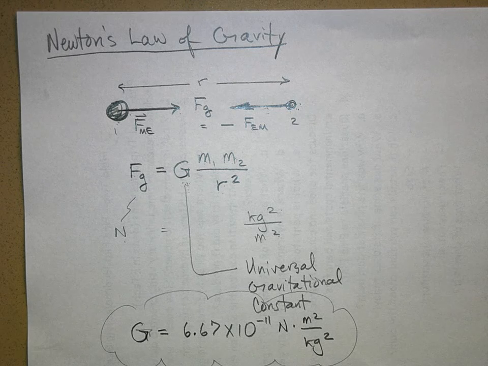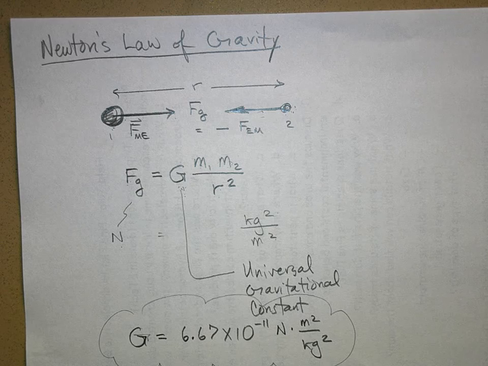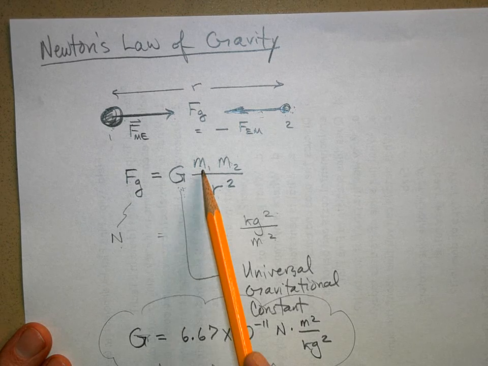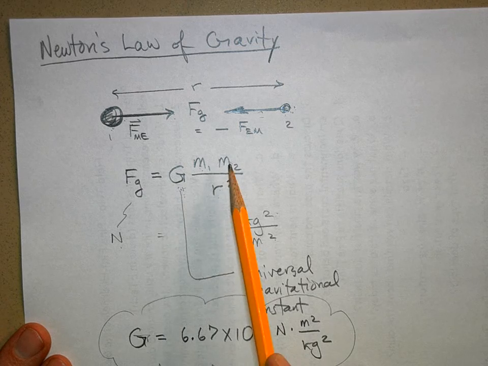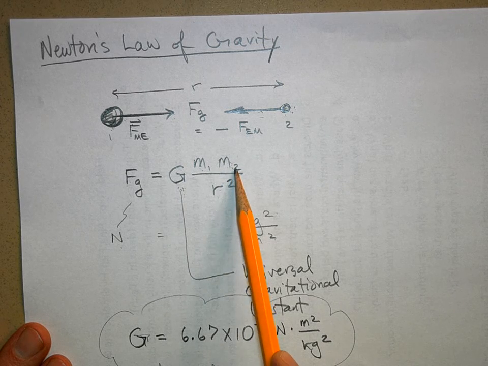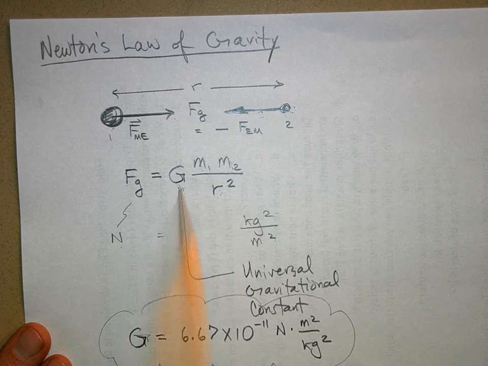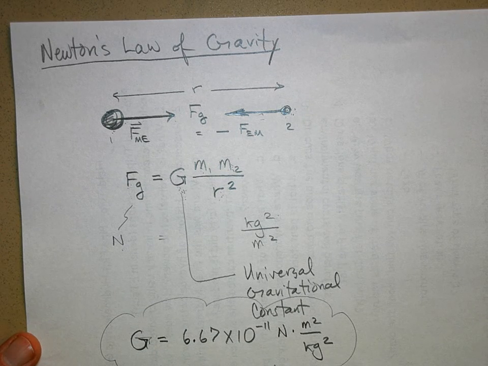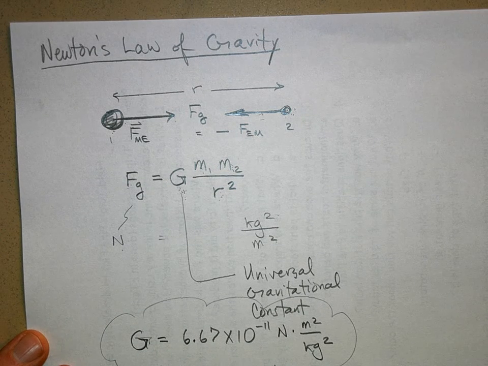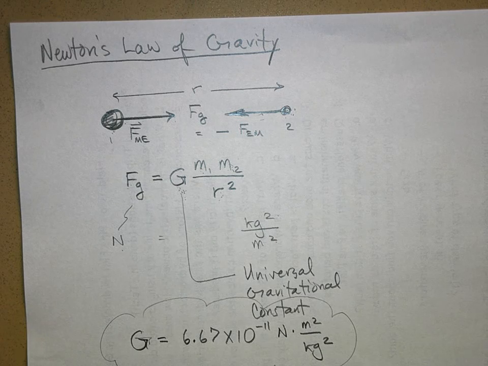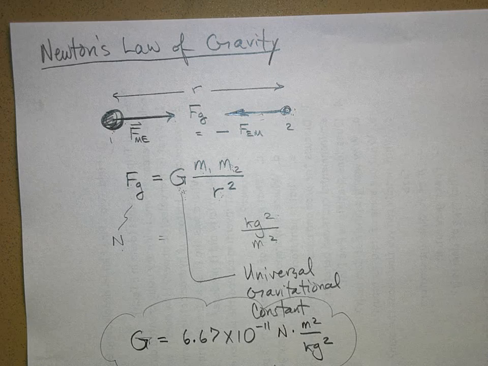Okay, don't be gravity phobic on me now. It's just that the force of gravity is so weak that you don't feel it. If you put your mass and the person sitting next to you, their mass, and the distance between you, and you multiply it by big G, you're going to get a very, very tiny force of attraction. It'll be in the billionths of a newton. I mean, you don't feel it.